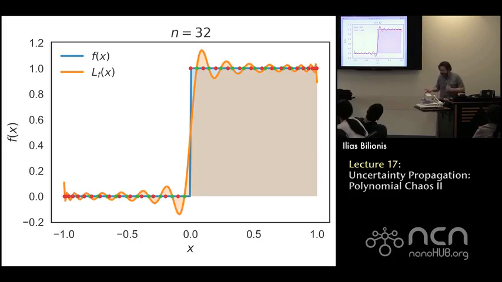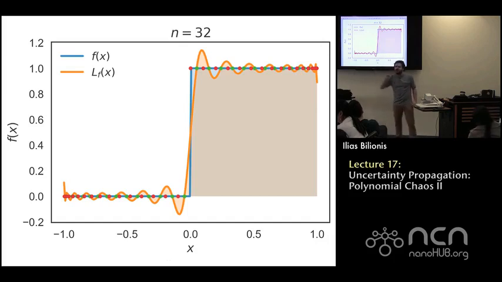Just to highlight that the Gaussian quadrature rule is not nested. Here you see the green points are the 32 degree Gaussian quadrature, and the red points are the 31 degree Gaussian quadrature. So if you build the 31 degree, you're using the red points, and you have to evaluate your function or your model at the red points.